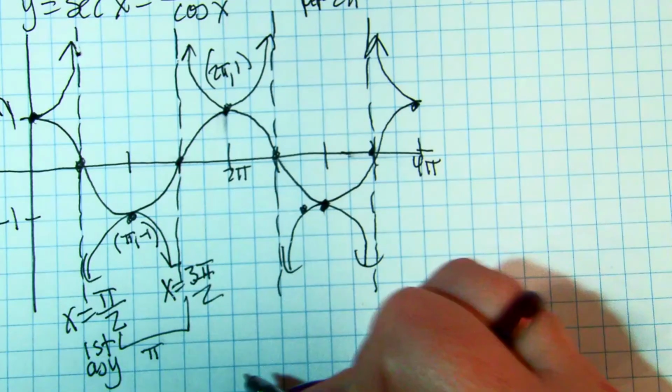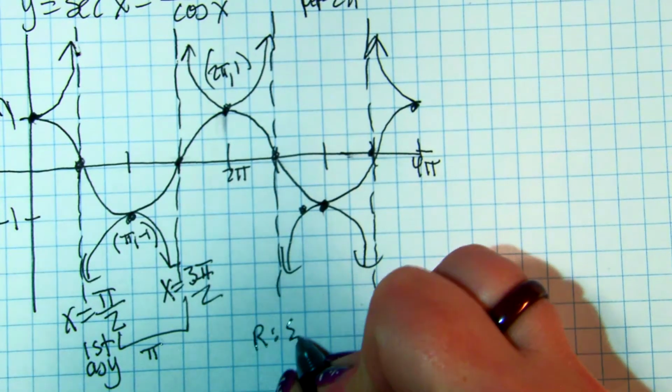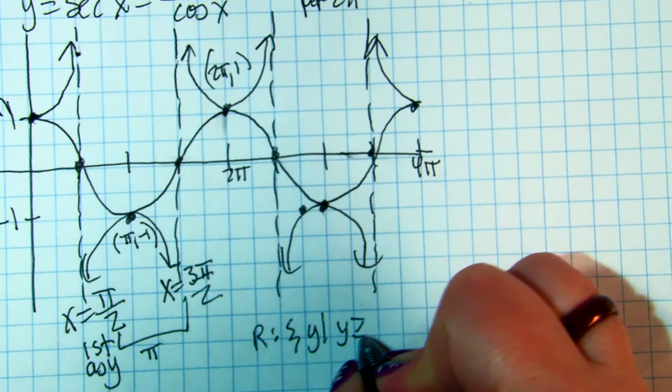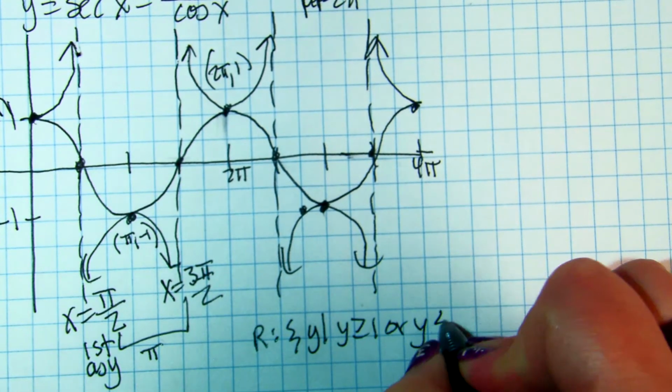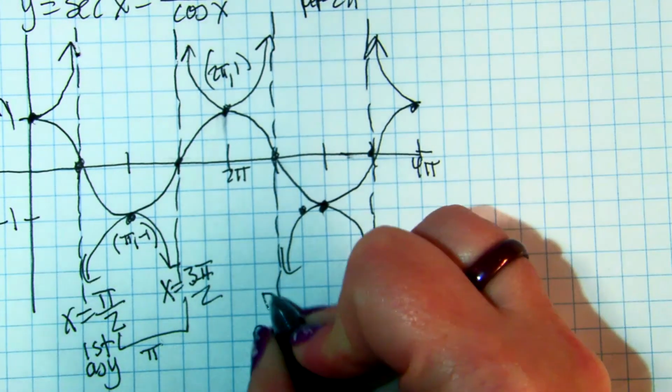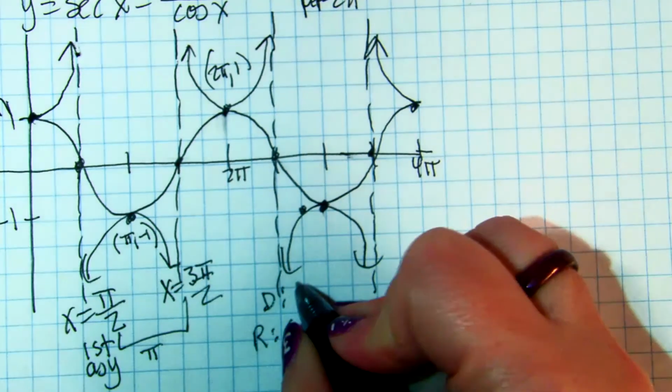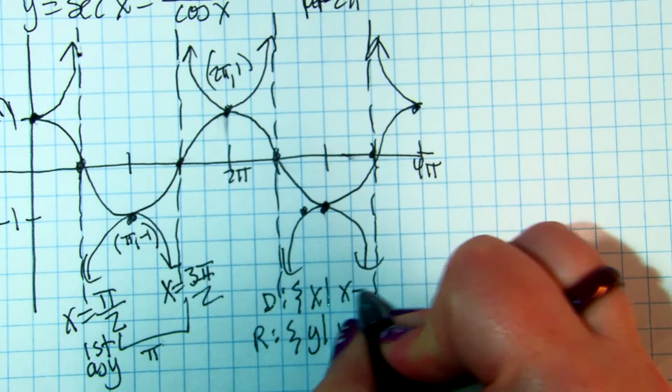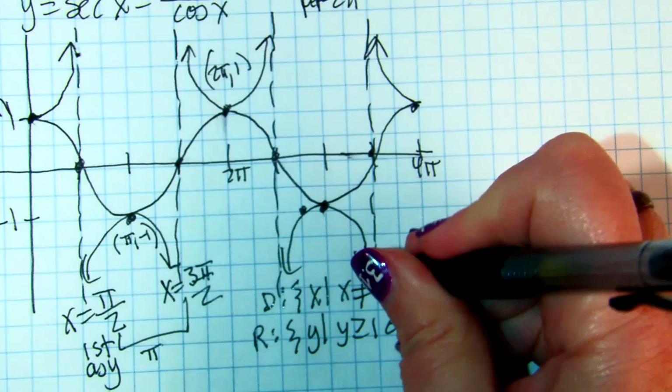The range is the same. Y such that y is greater than or equal to 1, or y is less than or equal to -1. And the domain is x such that x is not equal to, the first asymptote is pi over 2.